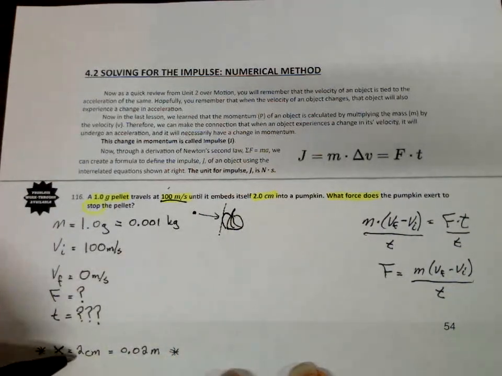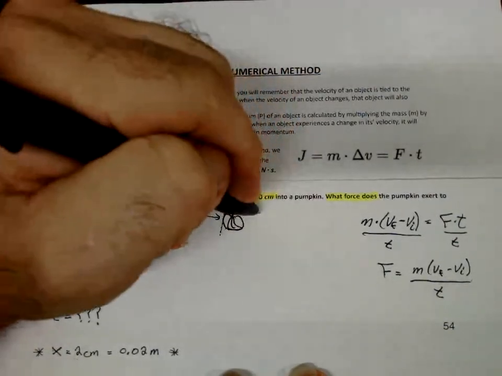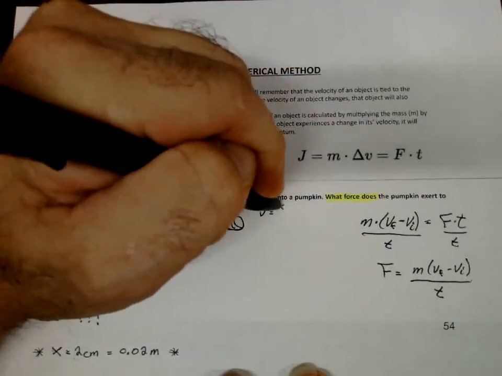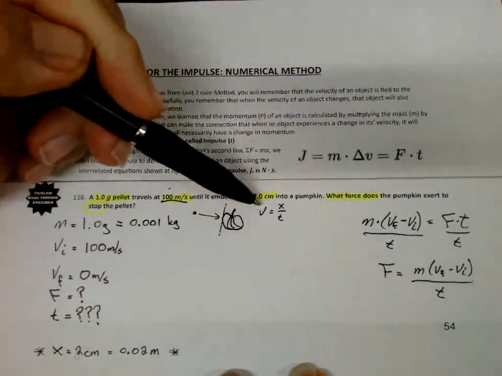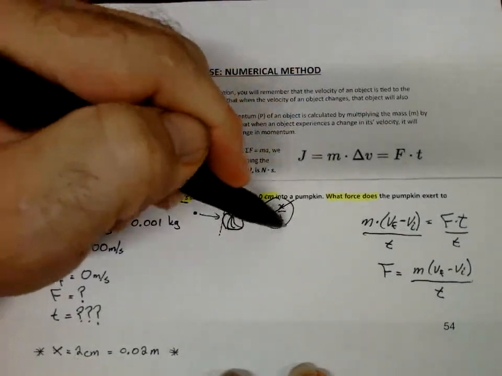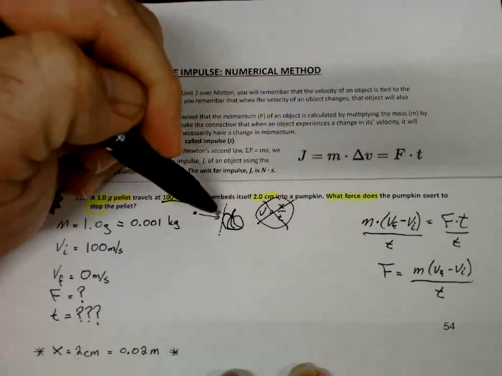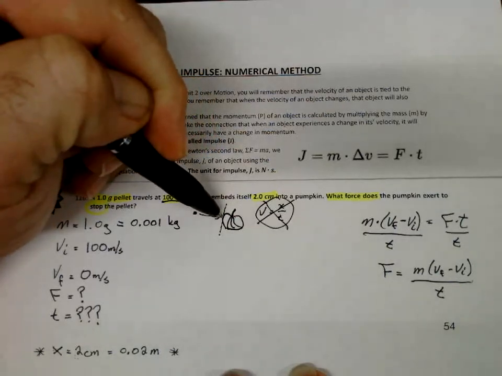Now it's only going to travel 2 centimeters in the pumpkin, at which point it is stopped. So even though we would normally think we could use velocity equals distance over time, this formula is not appropriate because it assumes a common velocity. It doesn't take into account the fact that as soon as this pellet hits the pumpkin, it's going to slow down.